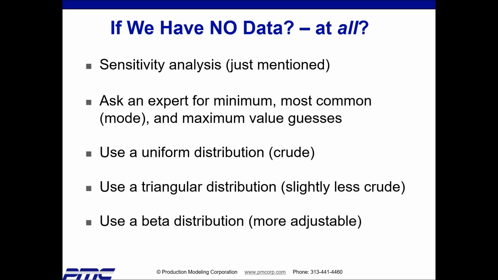You can do the sensitivity analysis just mentioned. You can use statistical distributions that are theoretically justifiable. And indeed, how do you know what to do on the second half of this slide? That's part of the consultation statisticians at PMC are ready to provide.